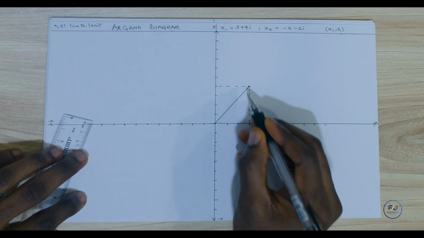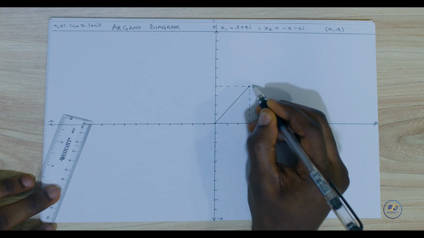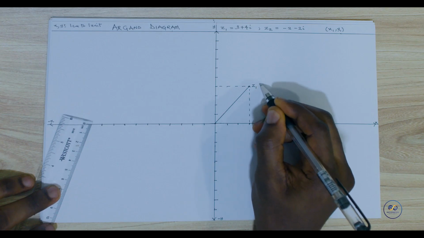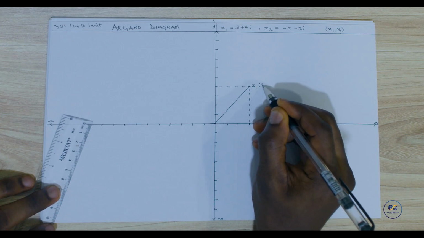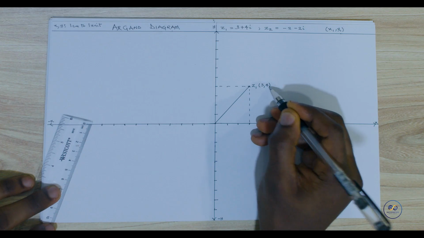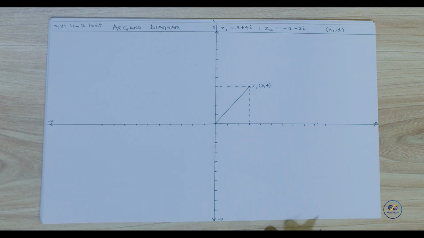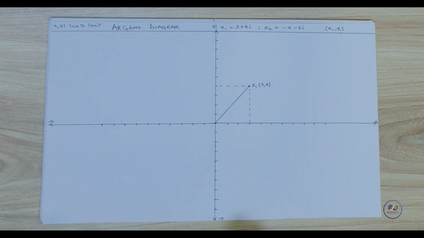This line represents Z1, that is (3, 4). That is how we have made the simple plot of this diagram.